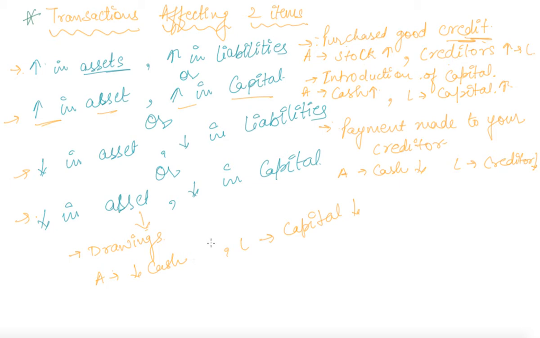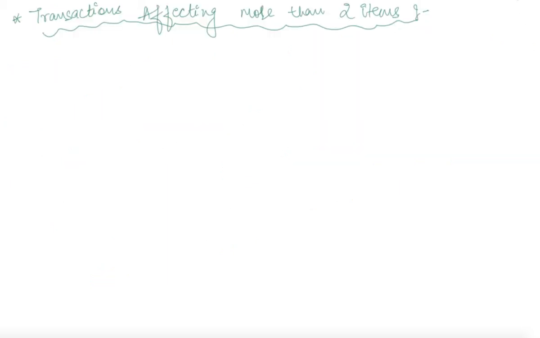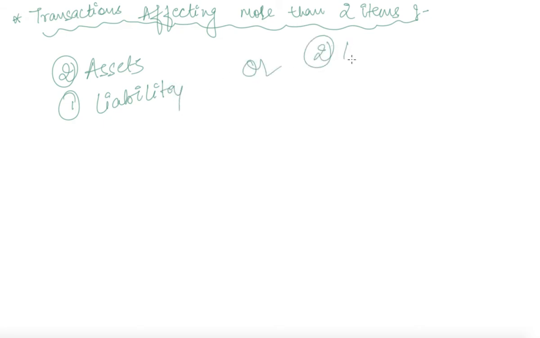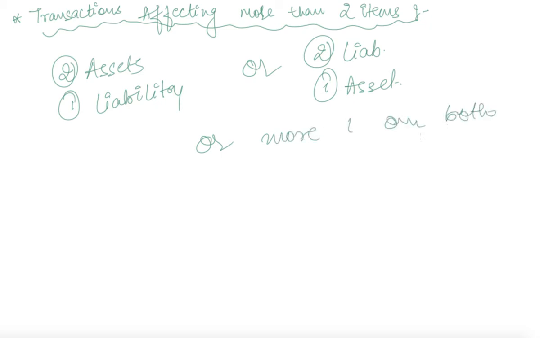Further examples we will solve while doing the practical questions. Now coming to the transactions that affect more than two items. Those transactions are basically those that affect either two assets and one liability, or two liabilities with one asset, or more than one on both sides.